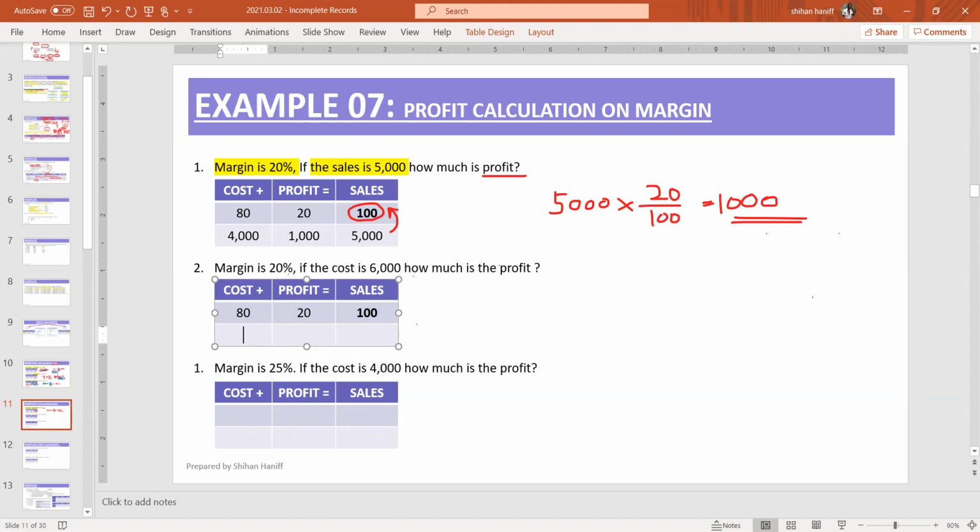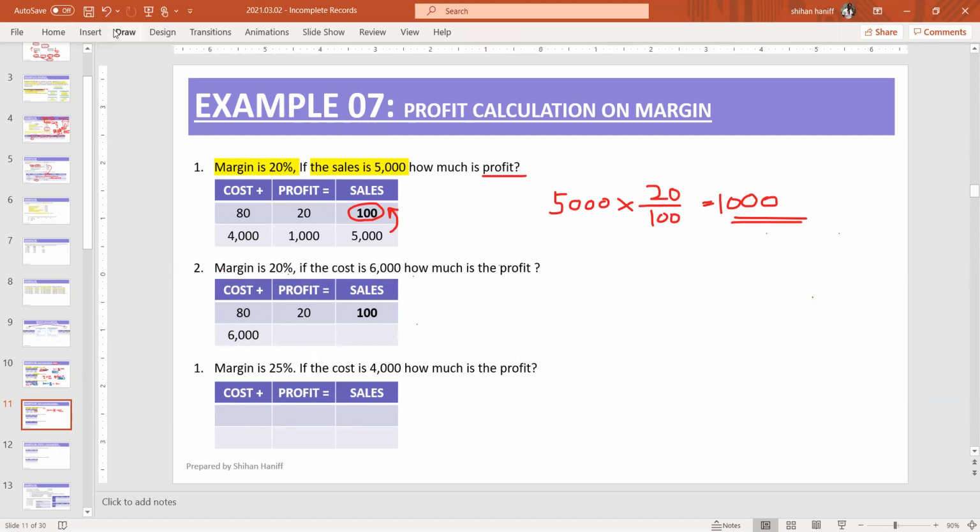Now the cost is 6,000. We need to write 6,000 under the cost. Now let's calculate. 6,000 divided by 80, multiplied by 20.